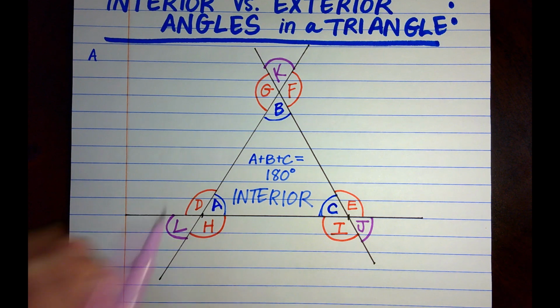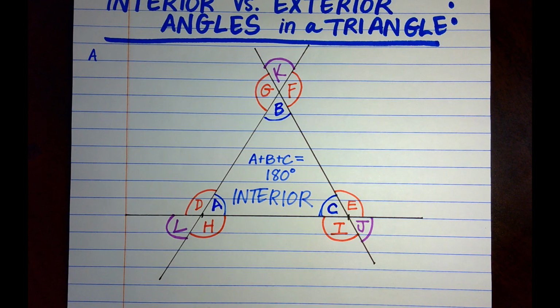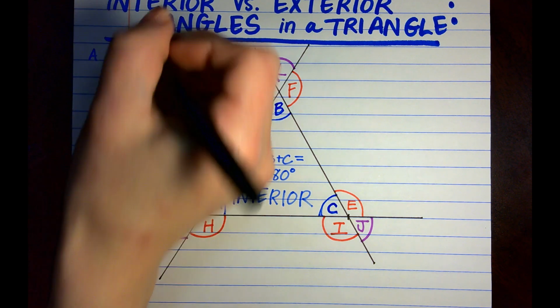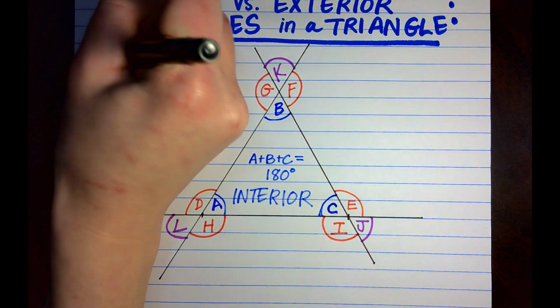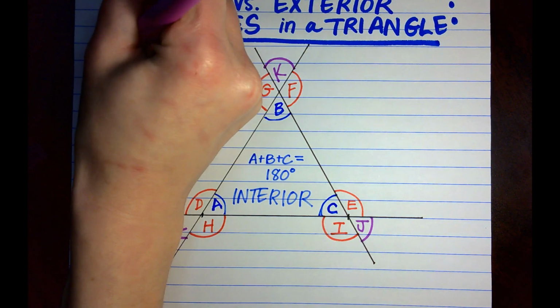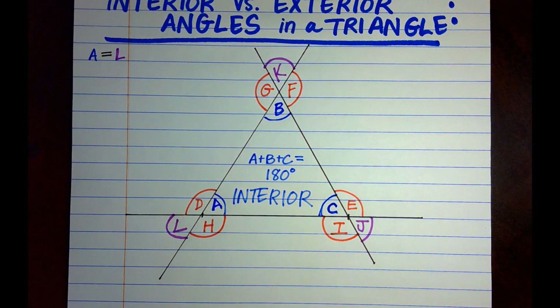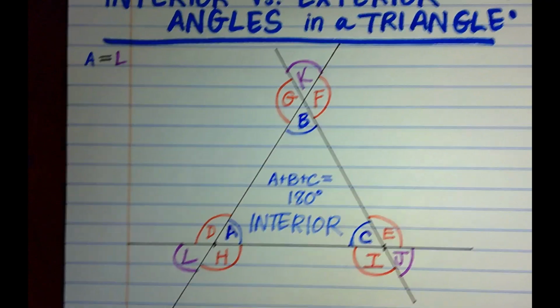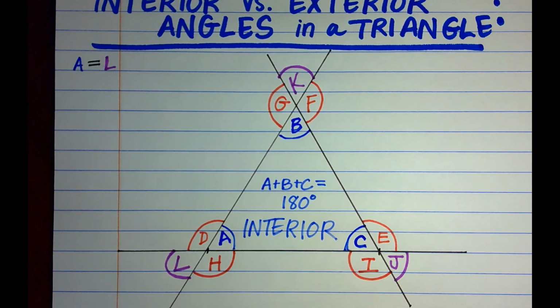They're vertical, which means they are identical or equal. So what is the equation? A is what to L? Equal. That's it. I think when I say equation, we think we need to have a plus and a minus in there, but sometimes the equation is just a letter equals a letter. So A is equal to L.